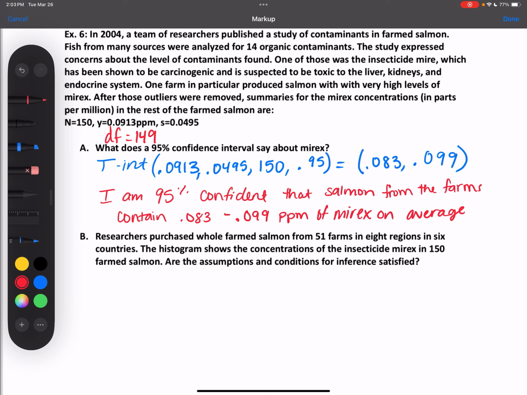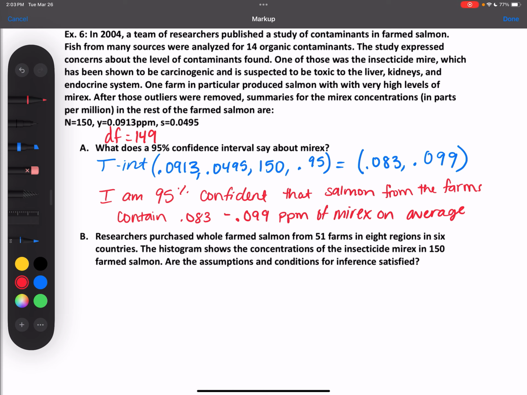And nearly normal, greater than 40, so what? Yeah. So yes. So we assume so. Wait, is it the 150 farm salmon? Yes, the salmon. I was looking at the quantity of farms, but it's what you're specifically looking at.